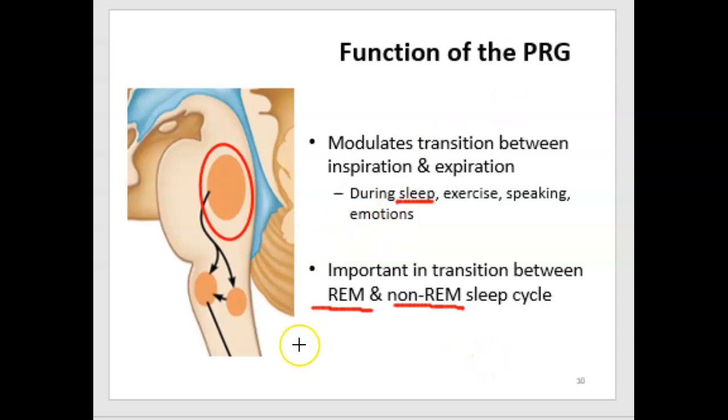And it's the pons that can modulate the transition between REM and non-REM. So obviously, in one or the other, we must have to breathe more frequently. I can't tell you which one it is, though. So the pons just acts to modulate the transition between inspiration and expiration.